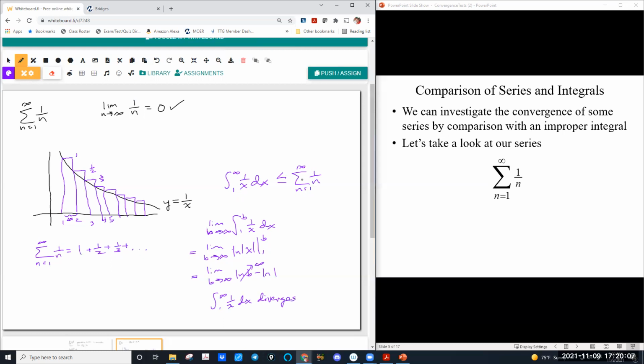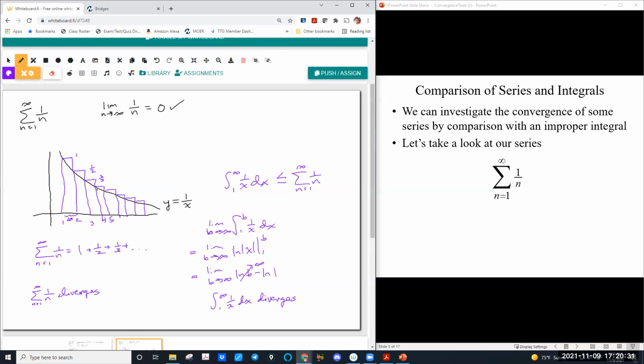We have something that is bigger than something that diverges. This is basically akin to our comparison test. So this series must diverge. So we know that the series n equals 1 to infinity of 1 over n diverges.